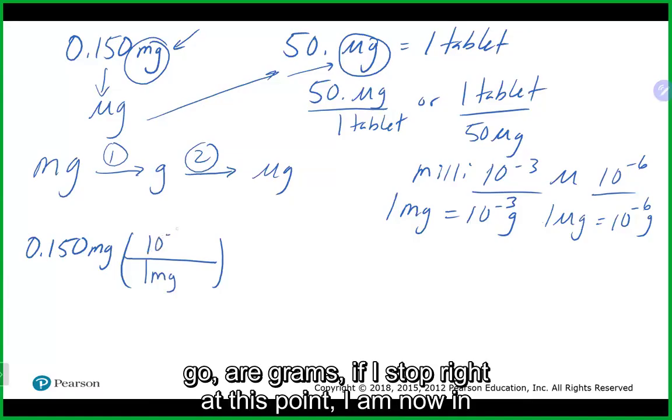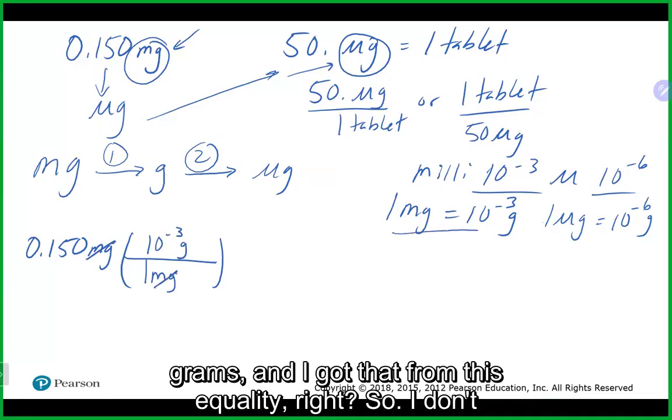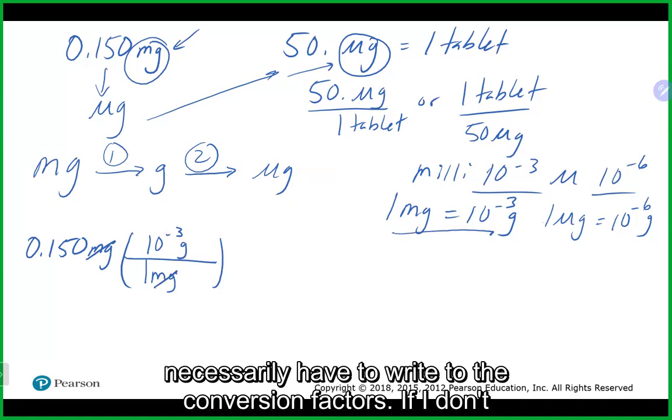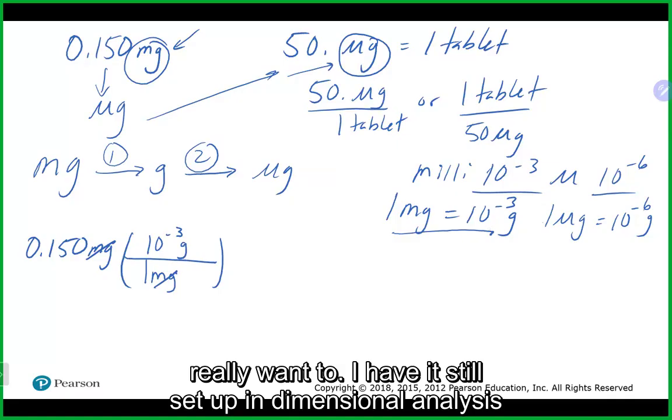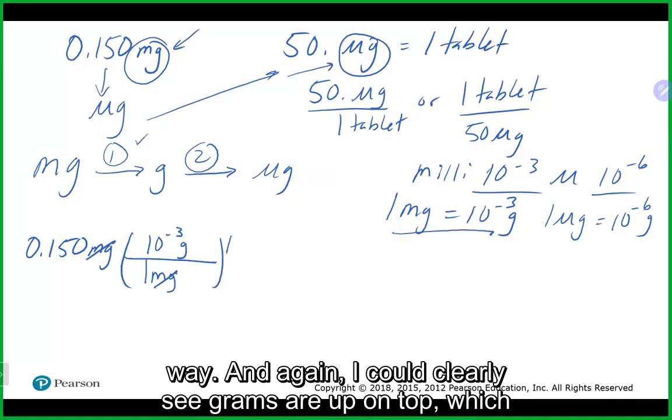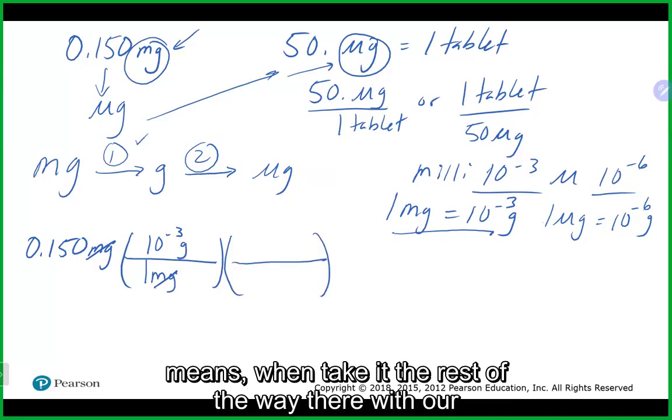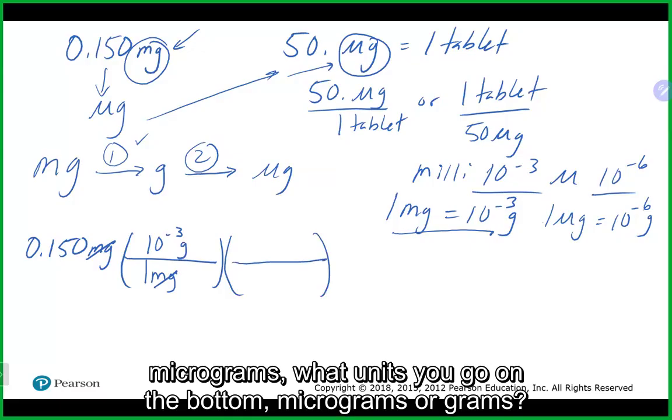And up on top needs to go our grams. If I stop right at this point, I am now in grams, and I got that from this equality, right? So I don't necessarily have to write the conversion factors if I don't really want to. I have it still set up in a dimensional analysis way. And again, I could clearly see grams are up on top, which means when I take it the rest of the way there with our micrograms, what units should go on the bottom?